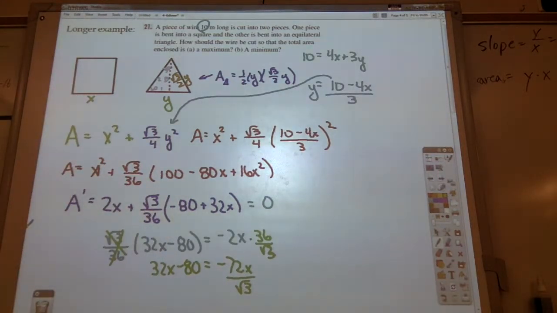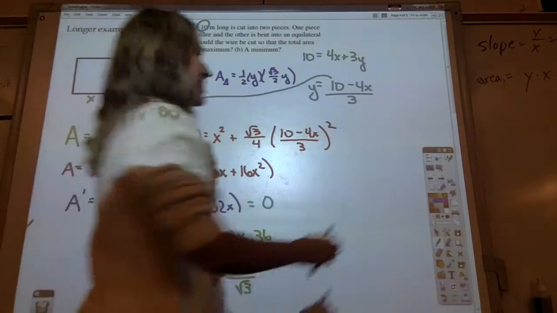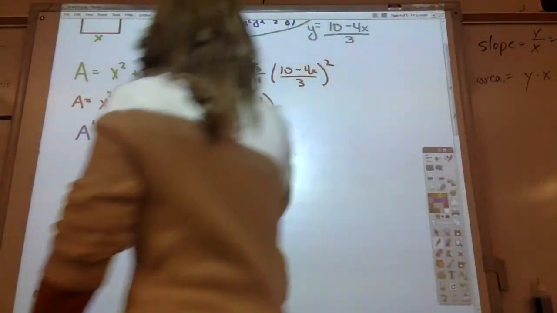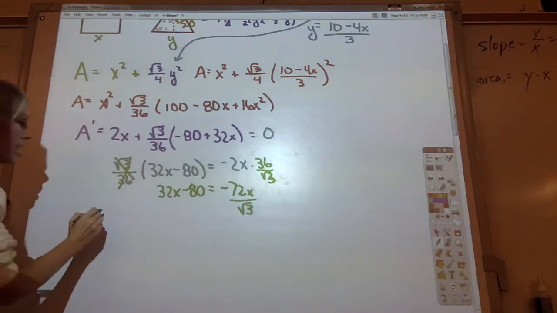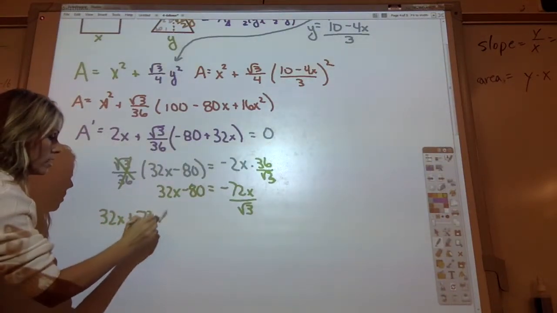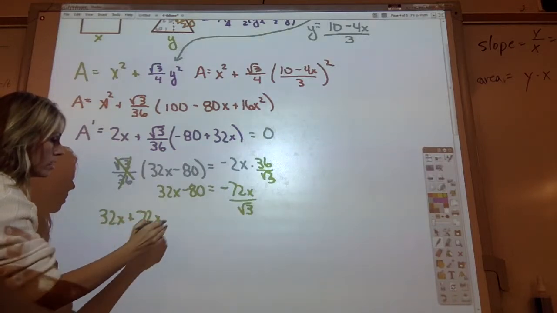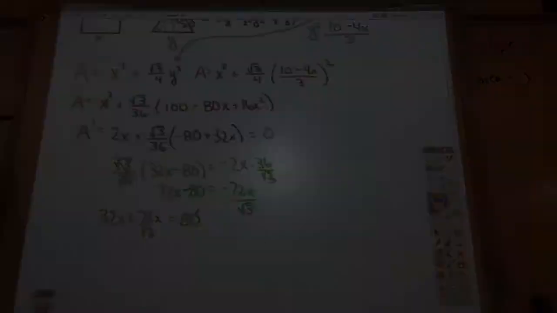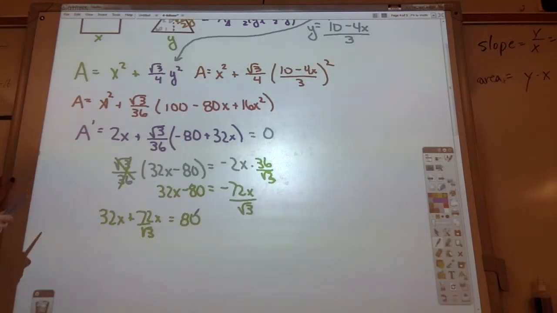Now we have to solve for x. You have to add 80 to both sides and then subtract. Oh, that's nasty. I'm thinking factor the x out.